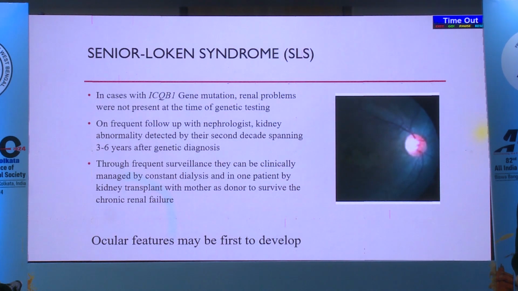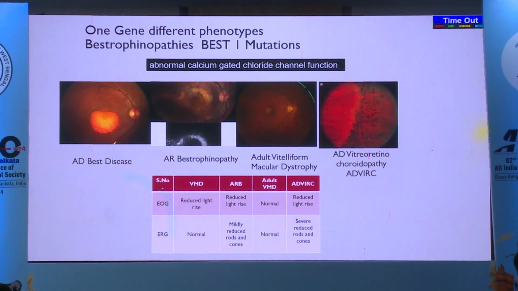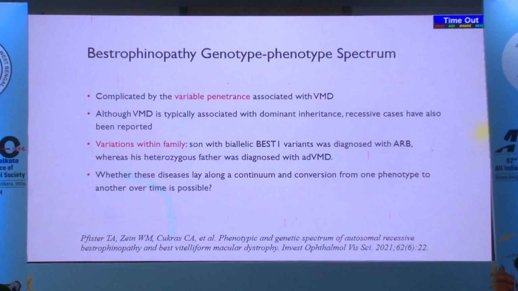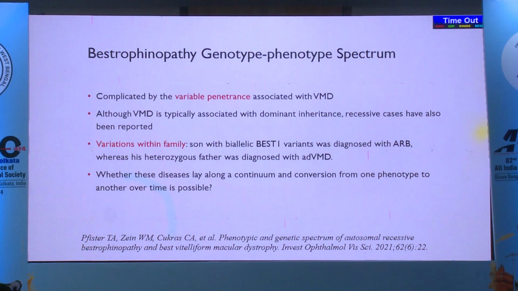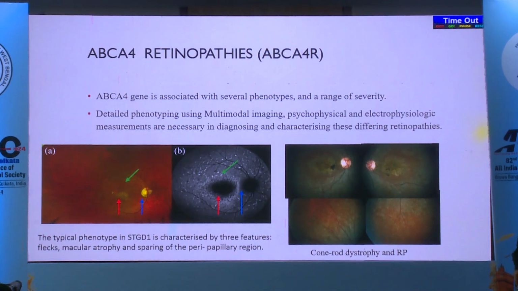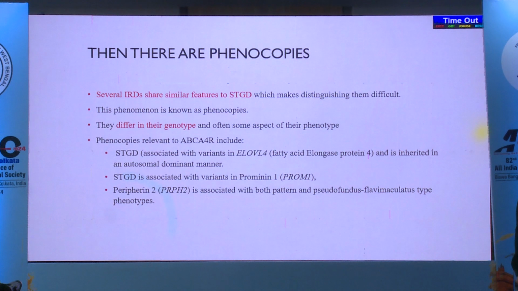So this is another, as I discussed, it is useful to tell us the underlying syndrome. But then you may have Best disease, one single mutation causing various spectrum, and it can be benign, something like vitelliform, or it may be autosomal recessive bestrophinopathy, which can be visually blinding. We all know ABCA4 can give you Stargardt's, ABCA4 can give you cone rod dystrophy, it can give you retinitis pigmentosa as well.